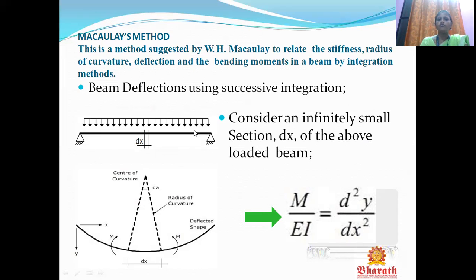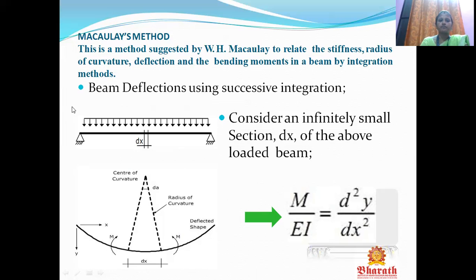If we want to find the bending moments, consider a small section. If you want to calculate the moment at a particular section, what formula do we use? The bending moment equation is M by EI is equal to d square y by dx square.